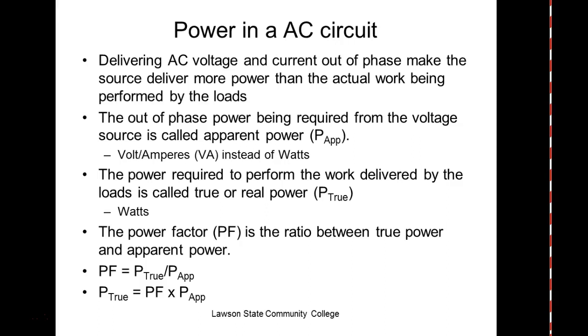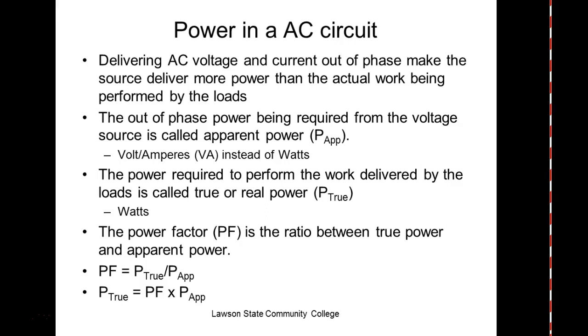So if you look at a transformer, you'll never see a transformer rated in watts. They're all rated in volt amperes because your transformers have to deliver apparent power. The power required to perform the work delivered by the load is called real power or true power. Real power is in watts.